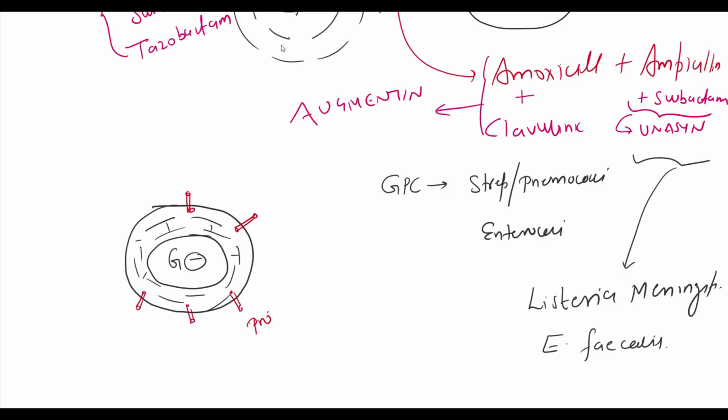The porin molecules of Pseudomonas and other ESBL-producing organisms are so small that they do not allow entry of ampicillin and amoxicillin. So ampicillin and amoxicillin are not effective against Pseudomonas and ESBL-producing organisms. So to enable access into Pseudomonas, we further reduce the side chain and further decrease the size of penicillin.